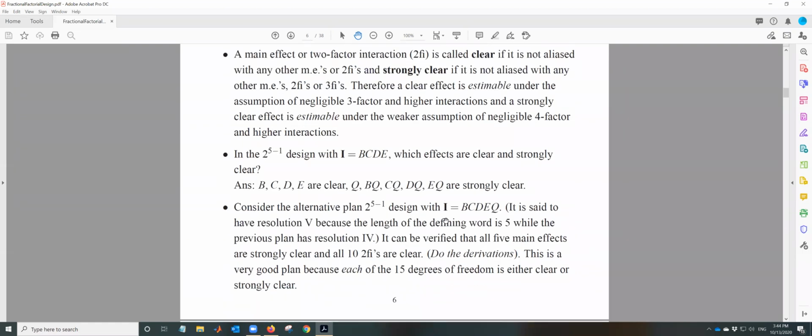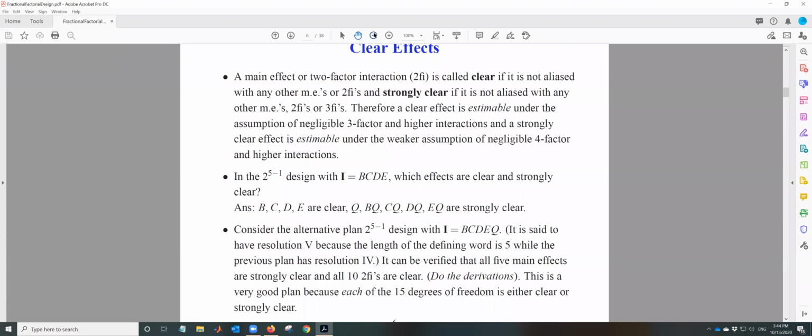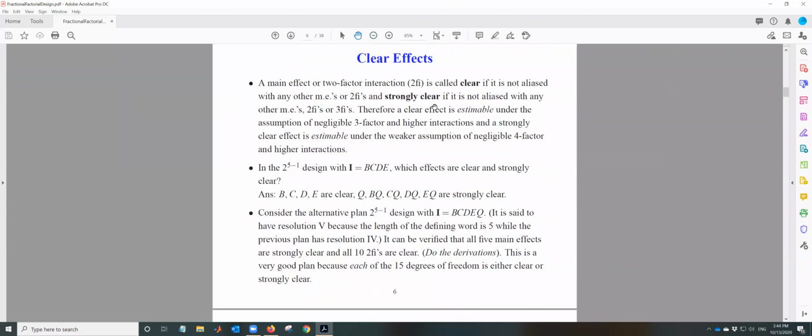Now, in order to discuss the clear effect, let's have a look at the definition. A main effect or 2-factor interaction effect is called clear if it's not aliased with any other main or 2-factor interaction effects, and strongly clear if it's not aliased with any main effect, 2-factor and 3-factor interaction effects.